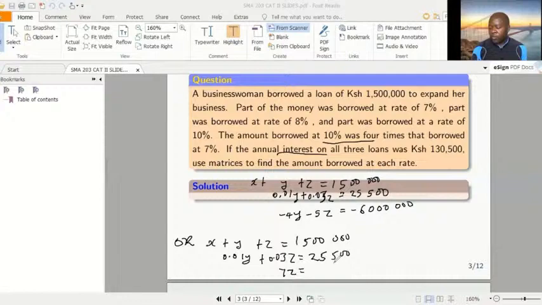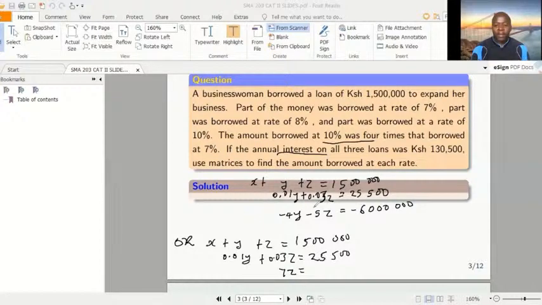What I get there is 10,200,000. Now add it to 6 million, negative 6 million, and you get 4,200,000. Now, what does the last equation tell us?